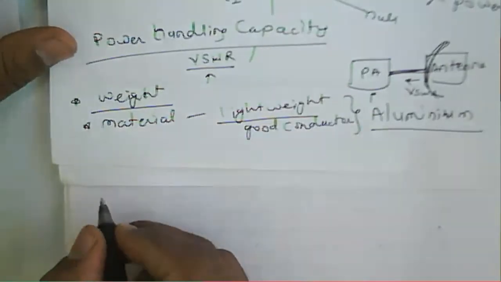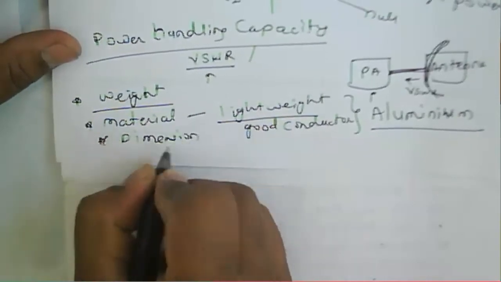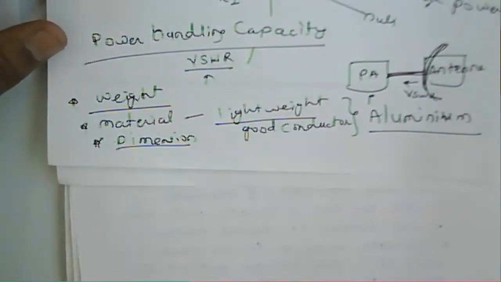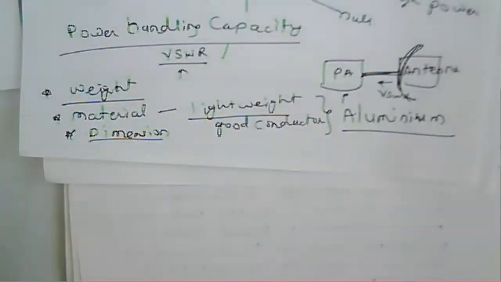Then the antenna should have dimensions that will be suitable for the given antenna to be used in a satellite, or that antenna is to be used in space. If an antenna is to be used having a large dimension, then weight and other factors will come into the picture, and it will be difficult to launch that particular antenna.